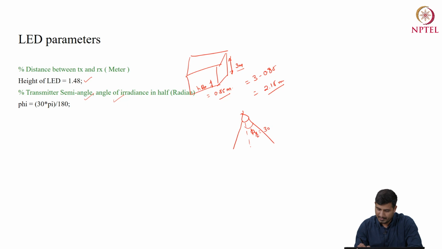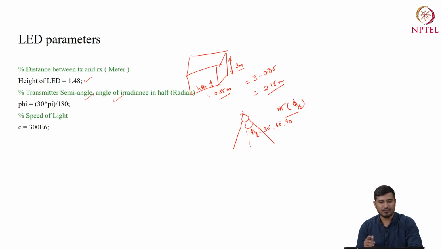So here we have taken this value 30 degree, or the standard value generally 60 degree. The maximum value that it can go is 90 degree, as you know. And based on this LED semi-angle, we will be able to calculate the Lambertian order, because your M generally is a function of LED semi-angle value phi 1 by 2. So first, in order to calculate the M, you need to give the input value of LED semi-angle.